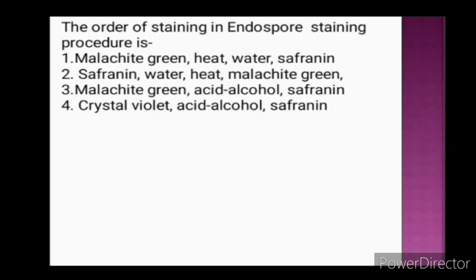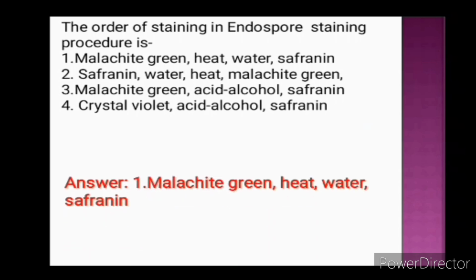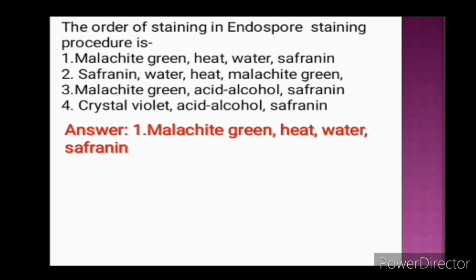Next question. The order of staining in endospore staining procedure is option 1, malachite green, heat, water, safranin, option 2, safranin followed by water followed by heat followed by malachite green, option 3, malachite green, acid alcohol, safranin, option 4, crystal violet followed by acid alcohol followed by safranin. And the correct answer is option 1, malachite green followed by heat followed by water followed by safranin.